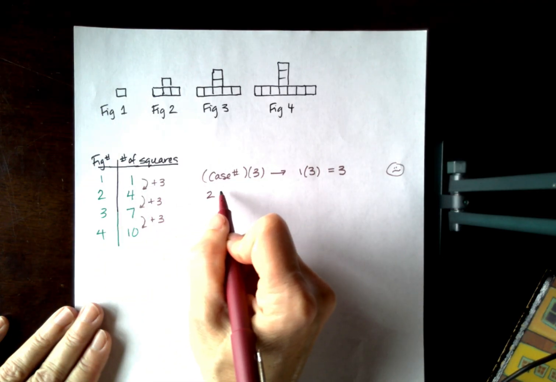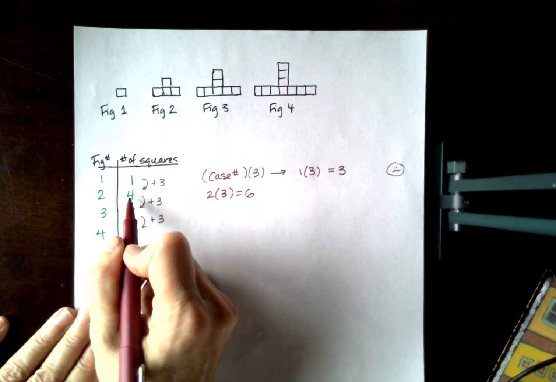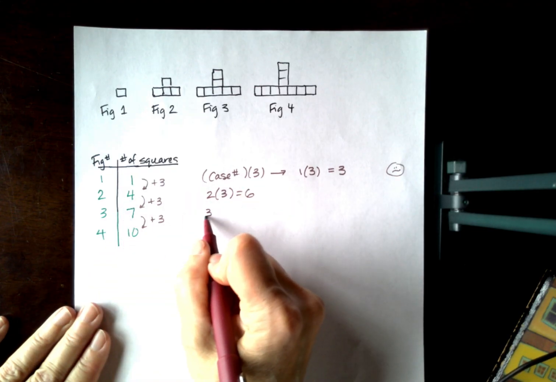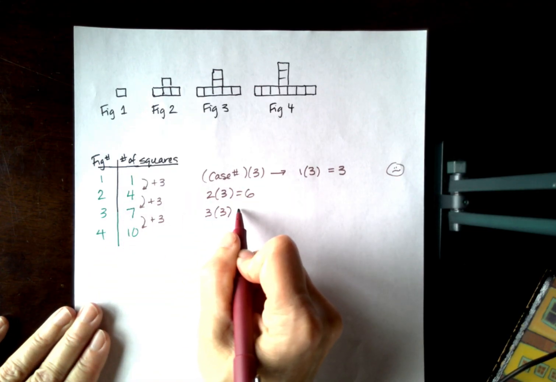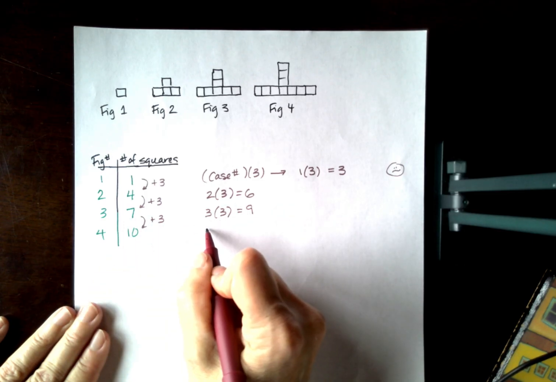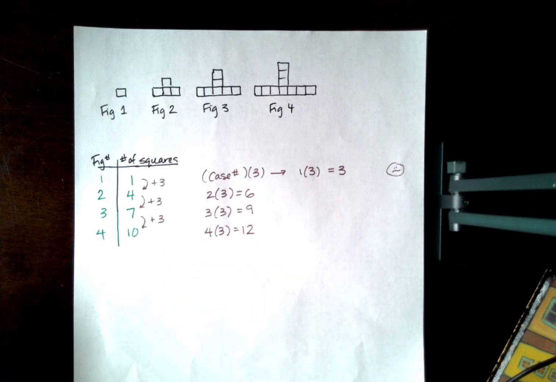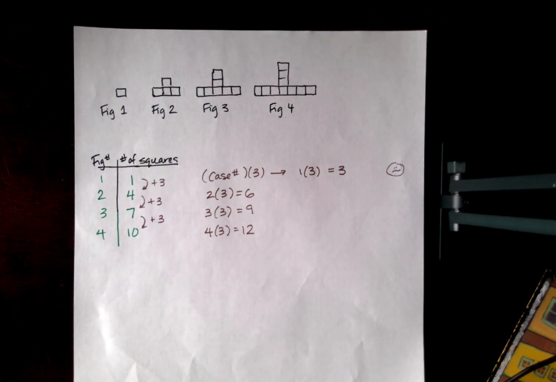Case number 2 would be 2 times 3, and that gives us 6 instead of 4. Case number 3 times 3 gives us 9 instead of 7. And case number 4 times 3 gives us 12 instead of 10. So none of those is working right now, and that seems like it's not good news.